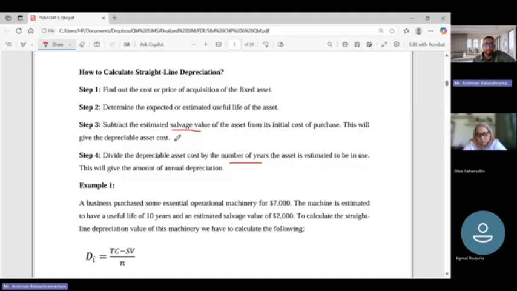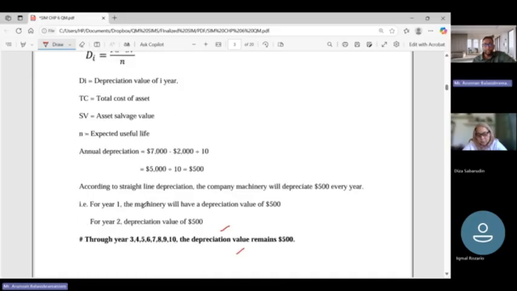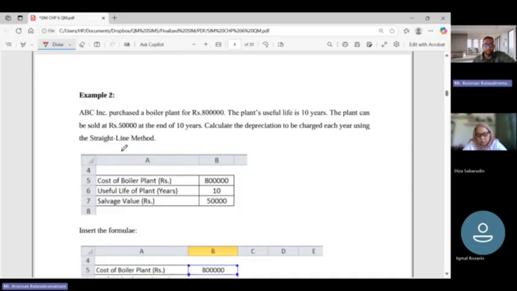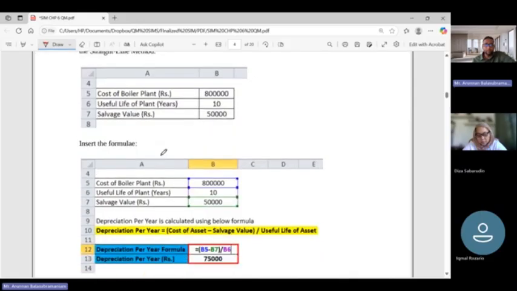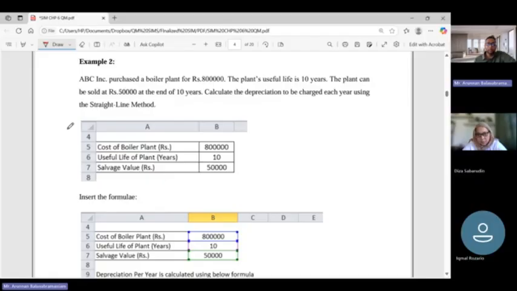So here is an example that has been shown on the year of depreciation, and you can see you can use Excel. It's how you can use Excel to calculate the depreciation.